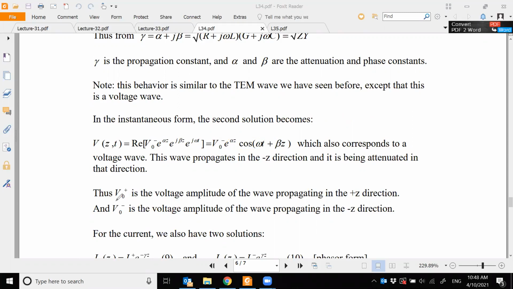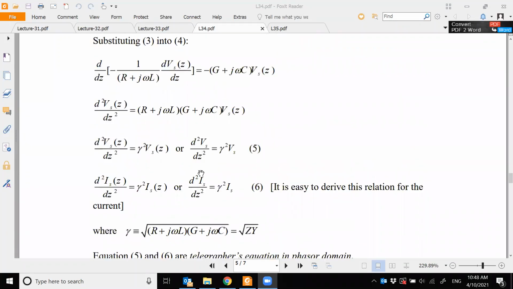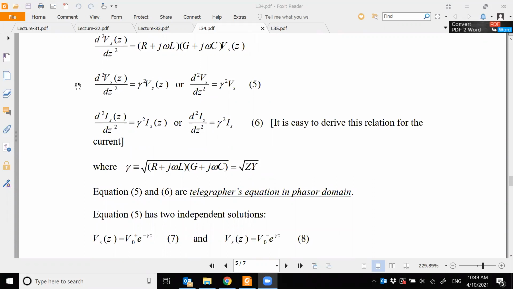So V0 plus is nothing but the voltage amplitude of my wave going in the plus z direction. V0 minus is the voltage amplitude of the wave propagating in the minus z direction. Okay, so this is for the voltage waves, where we were looking at equation 5. Now, in a similar way, you can look at equation 6, because in terms of mathematics the differential equations are similar.